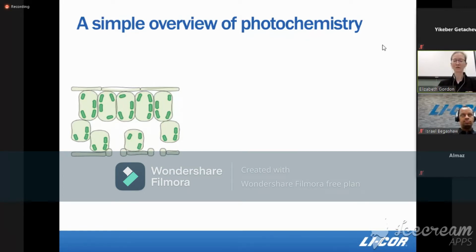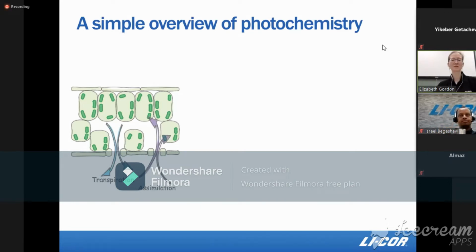So we have a leaf here, and you can see various cells with chloroplasts inside of them, and we can see the stomates on the bottom of the leaf.